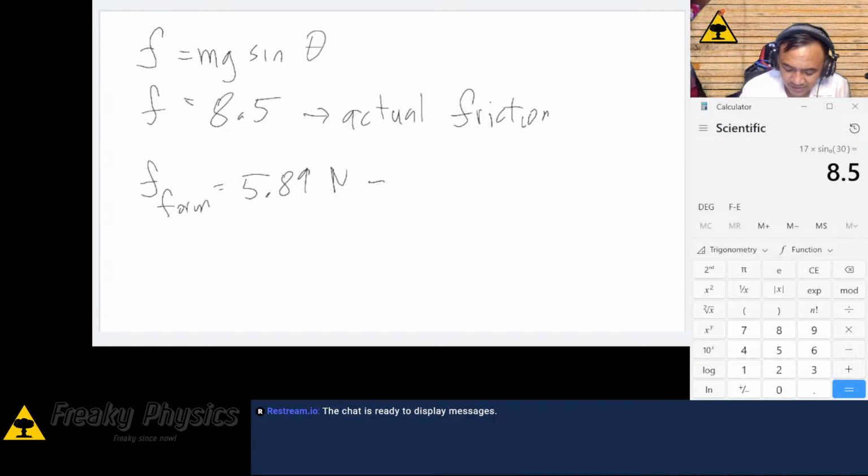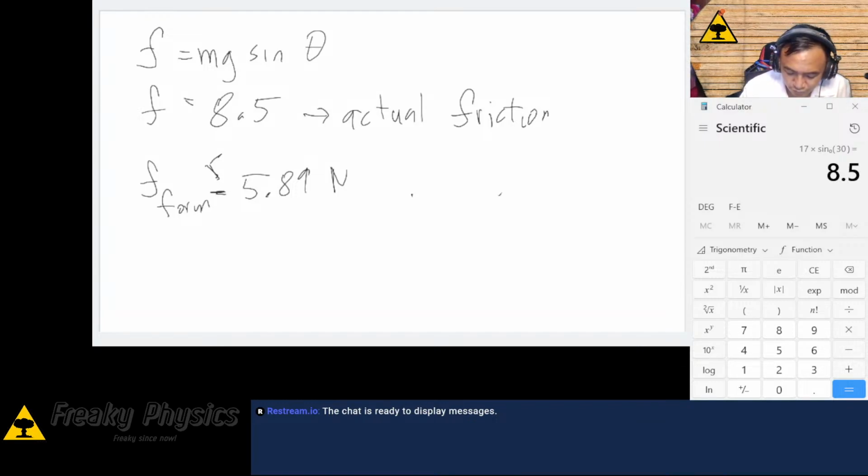This is the maximum friction. Oh, sorry, not maximum. Minimum friction needed to keep it in equilibrium. Why? Because remember, if you use the formula, it should be less than or equal to that, right?